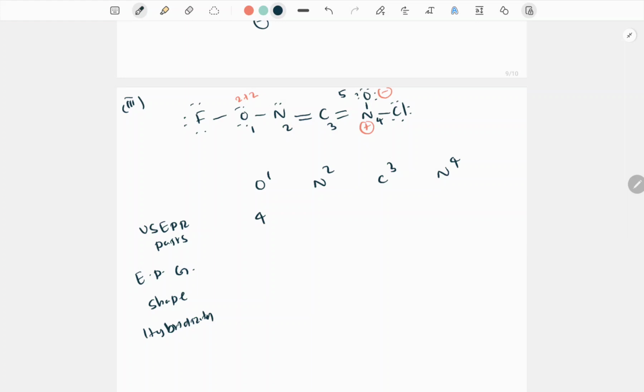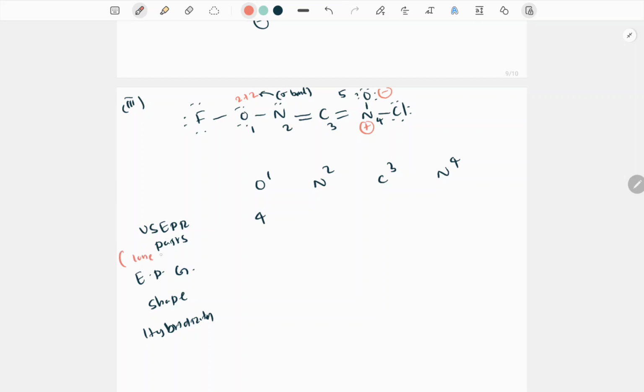Around this nitrogen 2, now I could mention, actually bond pairs means which bonds? Sigma bonds. What will be equal to VSEPR pairs?